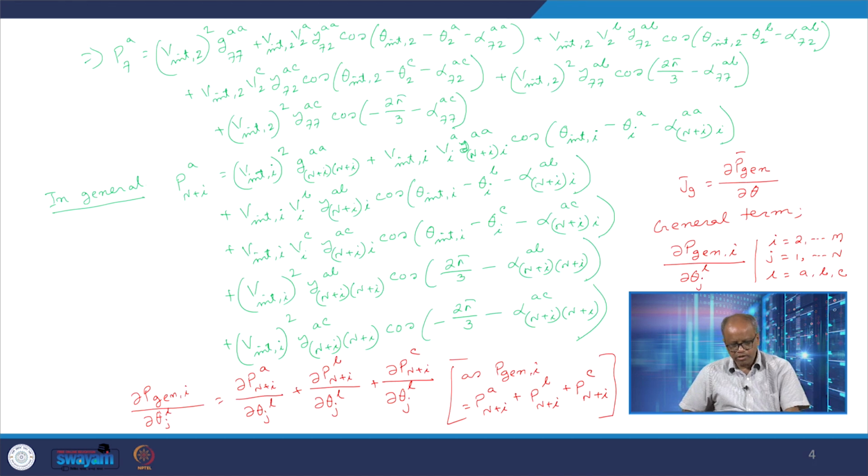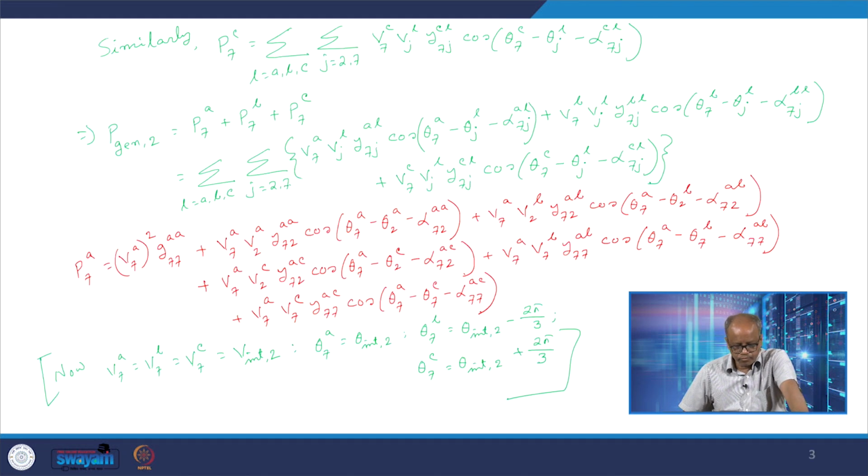For j not equal to i, it will be all 0, correct. So when only j is equal to i, it will be non-zero, but when j is not equal to i, it will be 0, right. Because for any other i, for example here in this case i is equal to 2, so only 2 exists, but 1 does not exist, 3 does not exist, nothing exists, right. So it will be 0 for j not equal to i, correct.